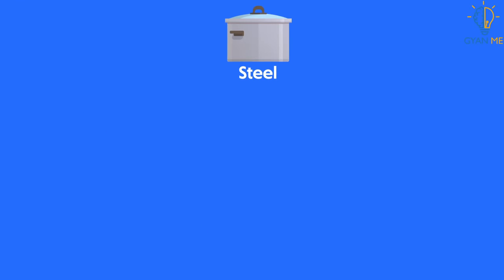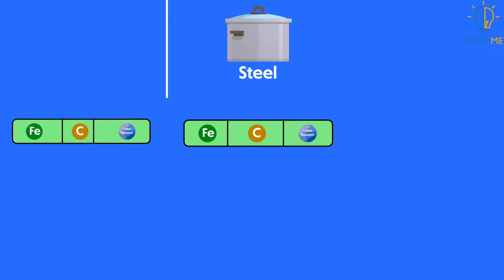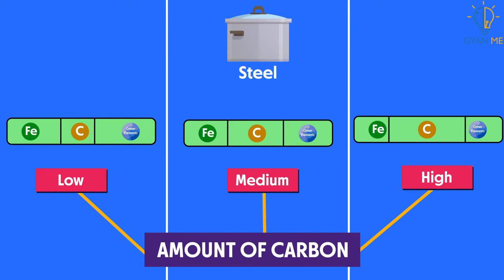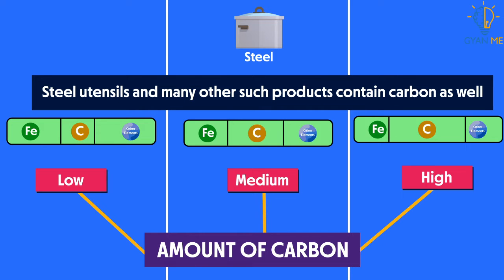Also in steel as an alloy, in which iron, carbon and other elements are mixed in fixed proportions. Steel is also classified into low, medium or high carbon containing steel according to the percentage of carbon atoms present in it. The steel utensils and many other such products contain carbon as well.